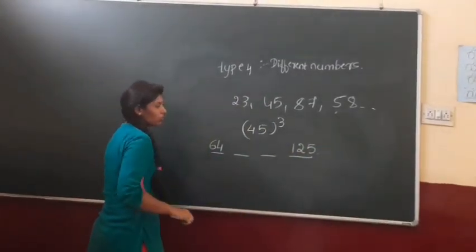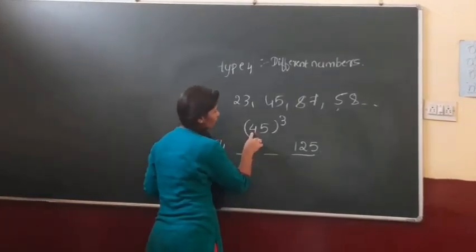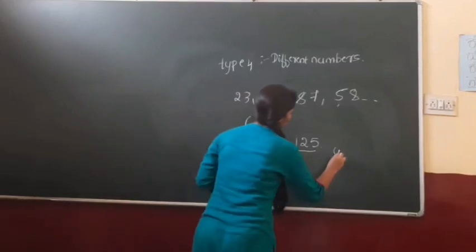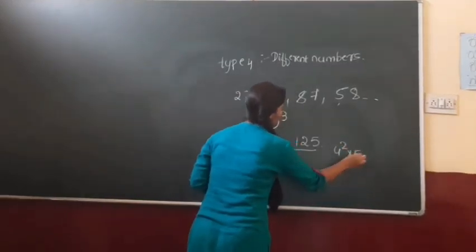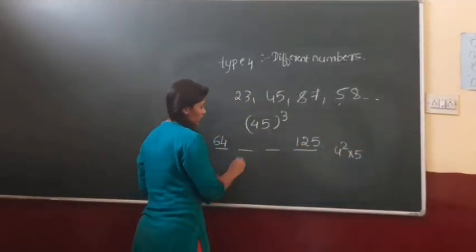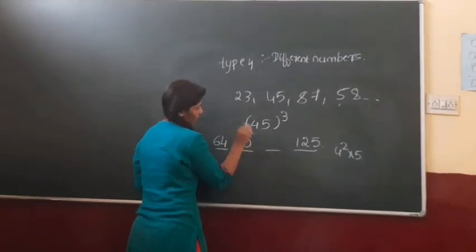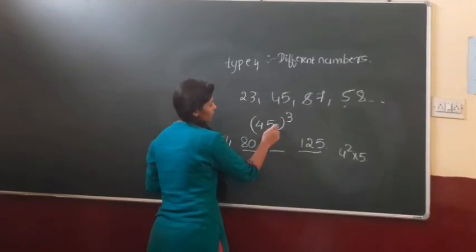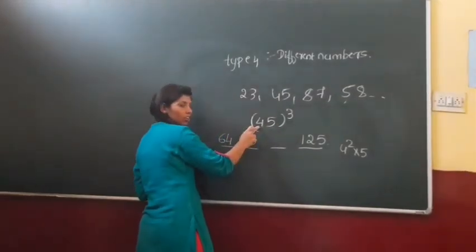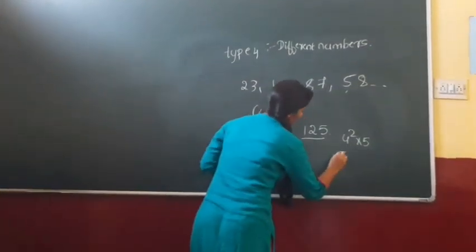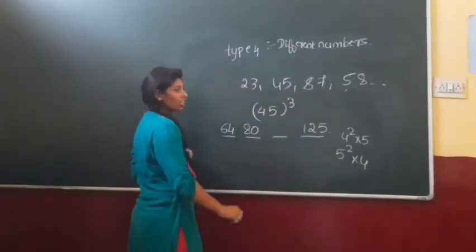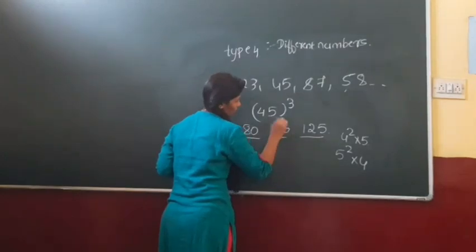Then second space will be filled by squaring first number and multiplying with second number, that is 4 square into 5. 4 square is 16, 16 5s are 80. Next, third space will be filled by squaring second number and multiplying with first number, that is 5 square into 4. That is 5 square is 25, 25 4s are 100.